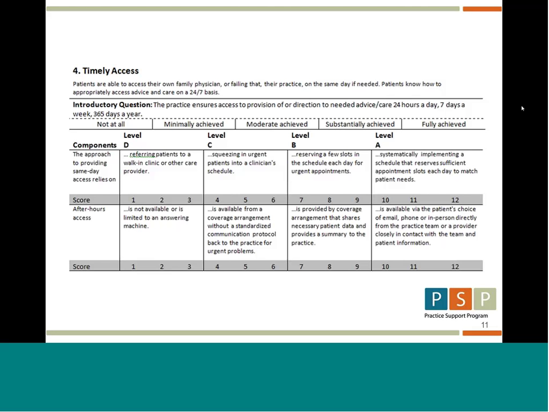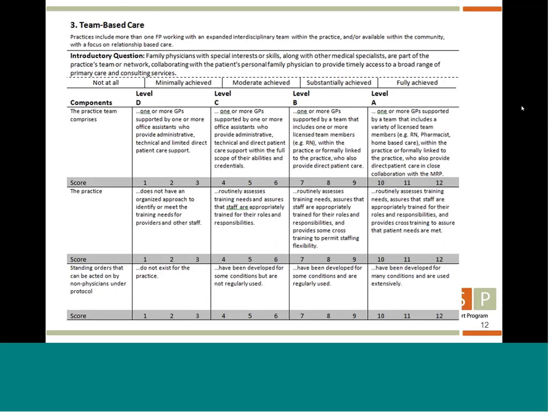What are we talking about here with timely access? Then the QI questions follow, getting into that next level of detail and more specific responses. On the next slide, I've just got another example, for team-based care. This is basically how each of the sections for each of the attributes is organized.